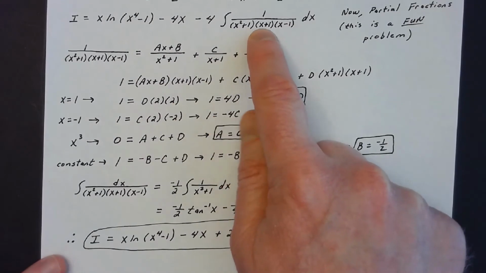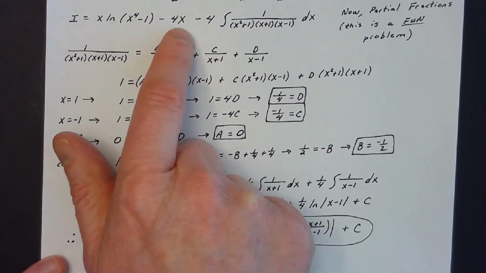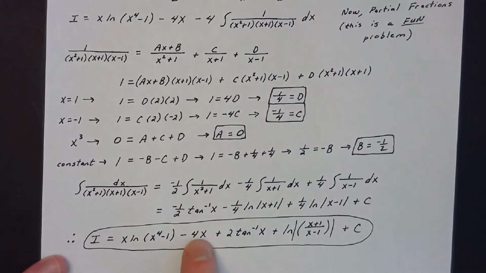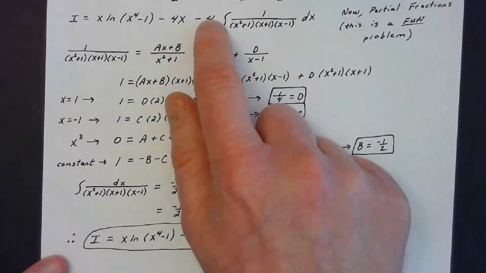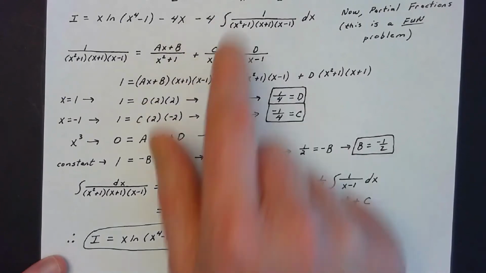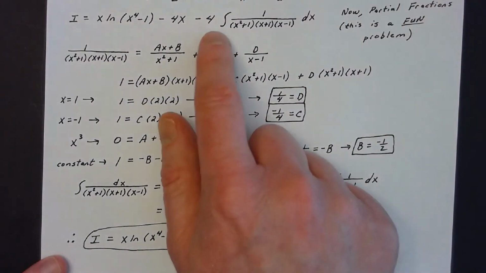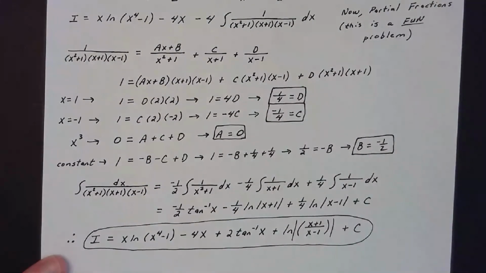Now it's just a matter of taking my answer, the first two terms, x natural log of x to the 4th minus 1, minus 4x, and then I need to remember to distribute a negative 4 times every single one of these terms because they were all inside of an integral multiplying a negative 4.